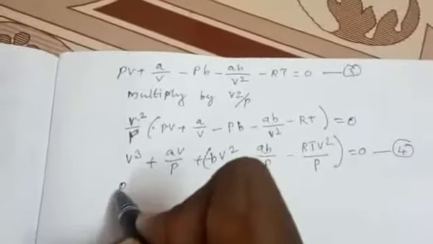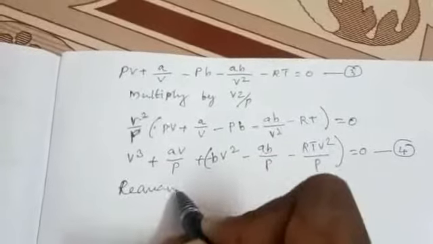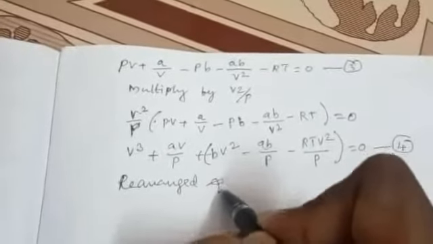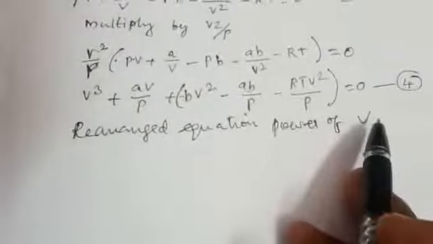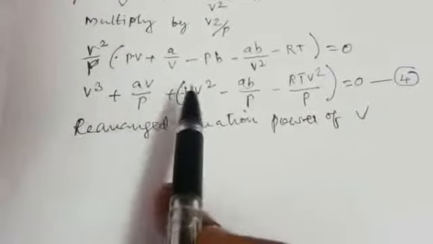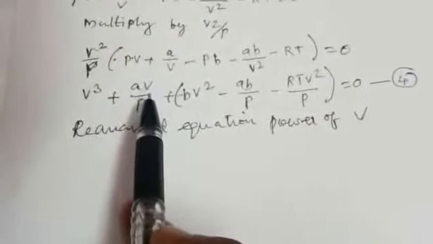Equation number 4. Rearrange the equation in power of V. Rearrange the equation power of V means first V cube, second V squared, next V, none of V. First V cube.